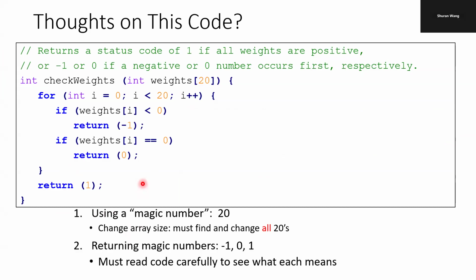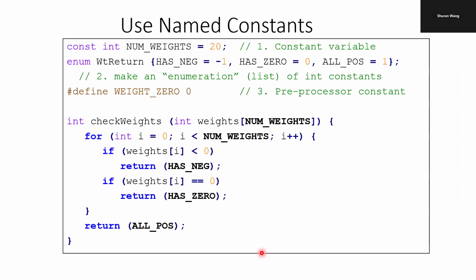It's also returning magic numbers -1, 0, and 1. We must read the code carefully to see what each means. In this code, it's simple enough that we can know it right away, but always keep a habit of not returning magic numbers. Defining constants for all your numbers.